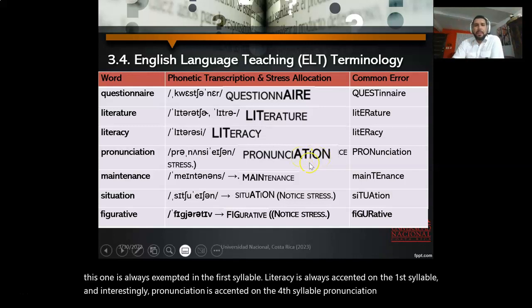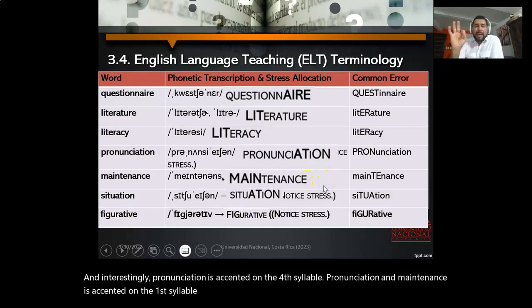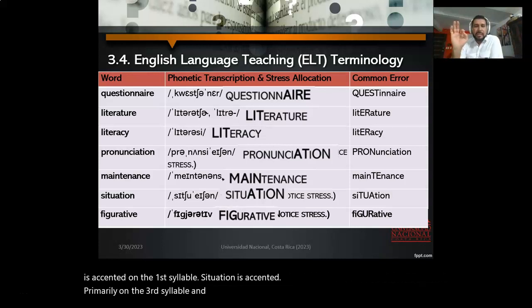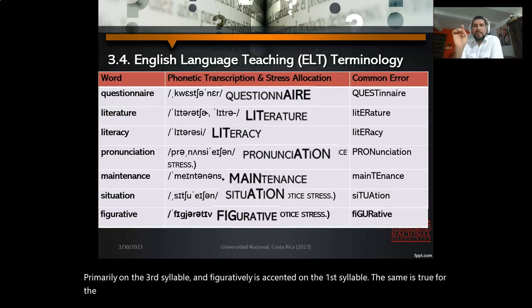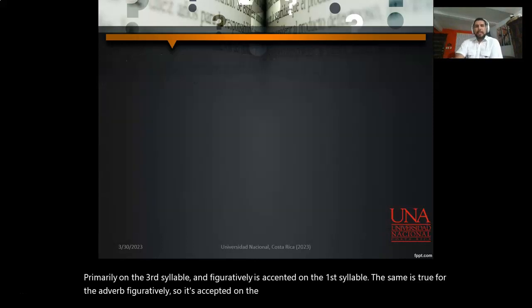Pronunciation. And maintenance is accented on the first syllable. Situation is accented primarily on the third syllable, and figurative is accented on the first syllable. The same is true for the adverb figuratively. So it's accented on the first, not the second syllable.